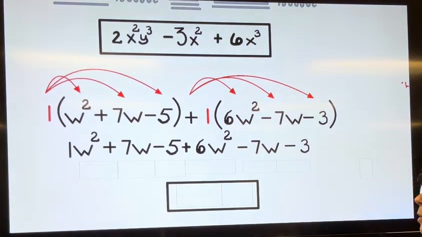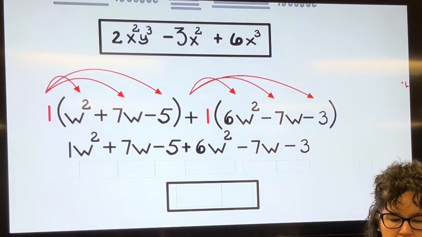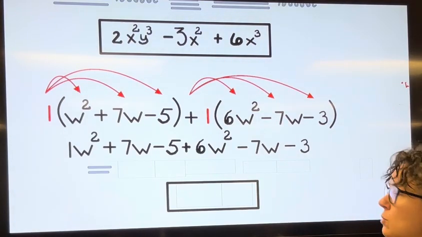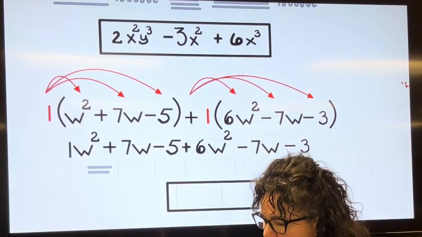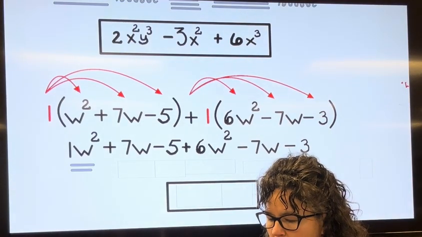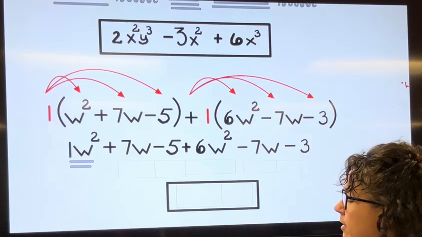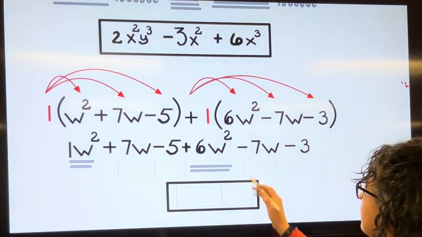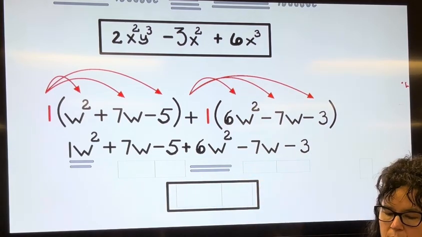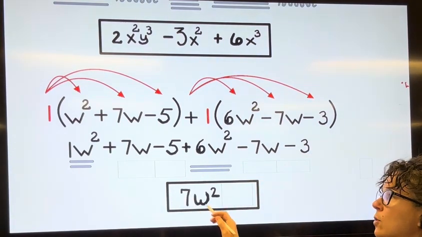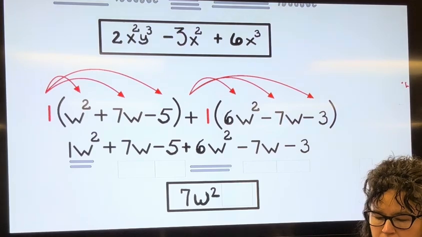Okay, so last thing we want to do is just combine like terms. So this first one, I have a 1w squared, and then here I have 6w squared. So if I have 1w squared and 6 more w squareds, I have a grand total of 7w squared.